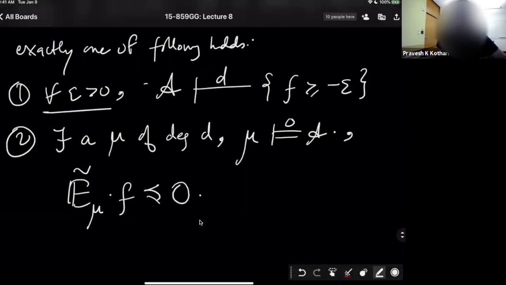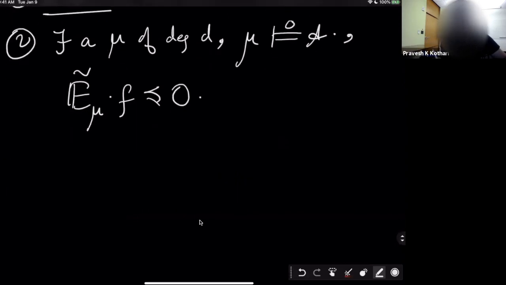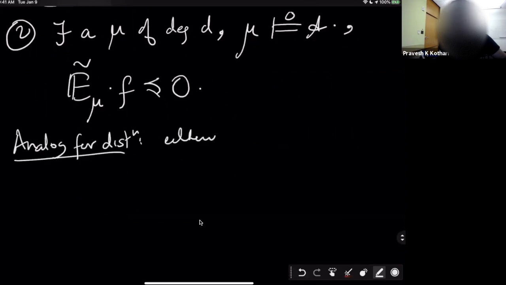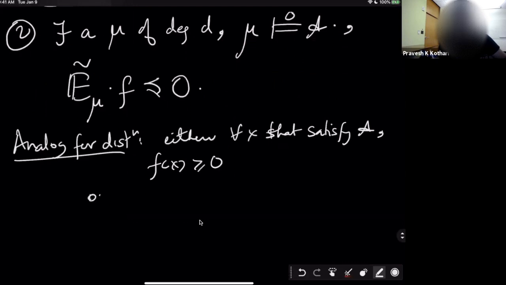This is in some sense the duality theorem you should expect. So in some sense, what would be the duality? This is the analog of the statement for distributions, just to make sure it's clear what's going on. Either for all x that satisfy A, f(x) is bigger than or equal to 0, or there exists a distribution.